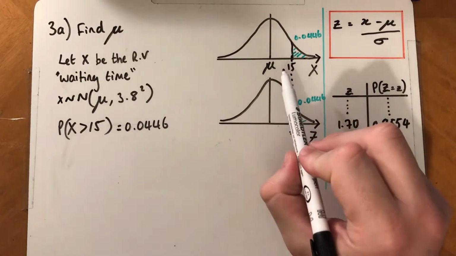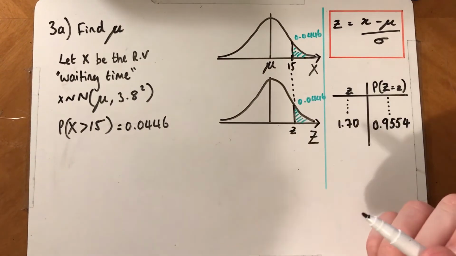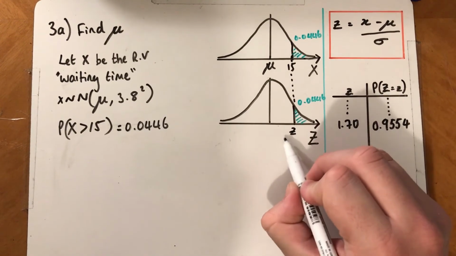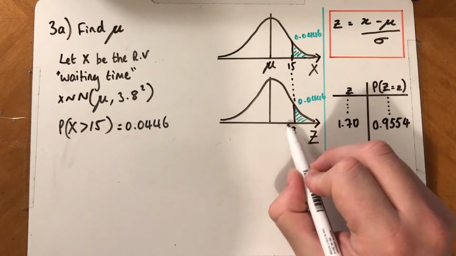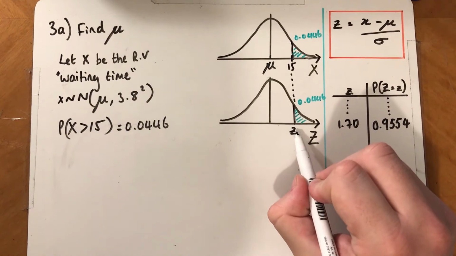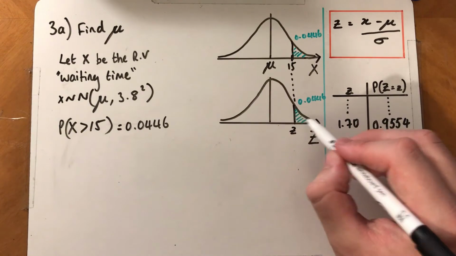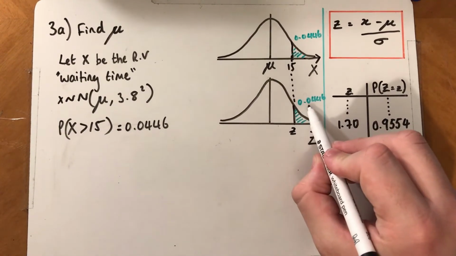Now, in order to find the mean, what we need to do is find what this observed value is. What is the observed value on the standardized normal distribution curve which has the probability of being greater than or equal to 0.0446?